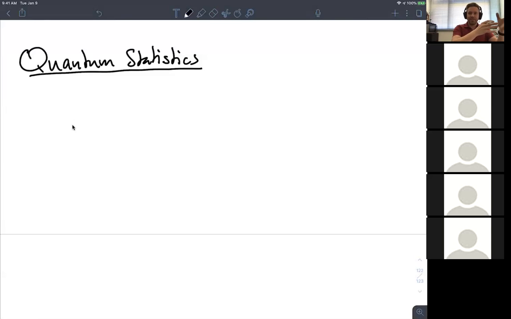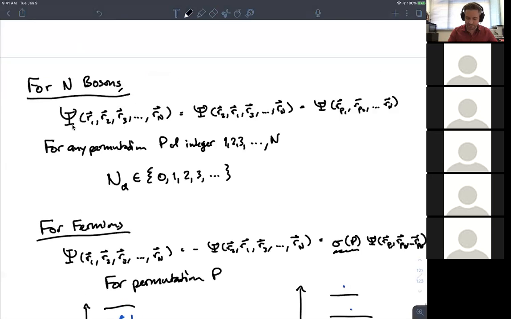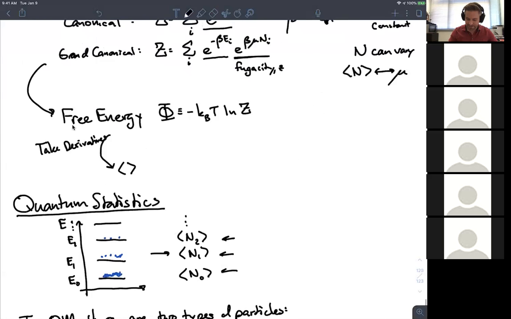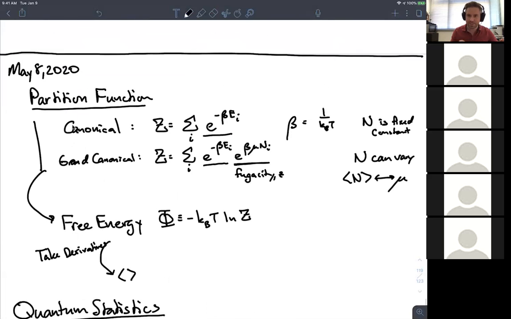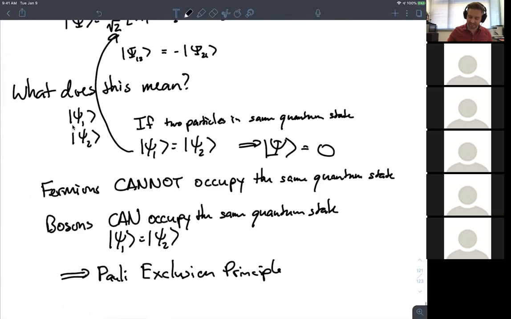Depending upon what type of particle you have, that describes how those states are going to fill up with particles. And then what you do is you take those energy levels and occupation levels and you use that to write down an expression for your partition function. And then once you have your partition function, you get the free energy and you start taking derivatives. Make sense? Fantastic.